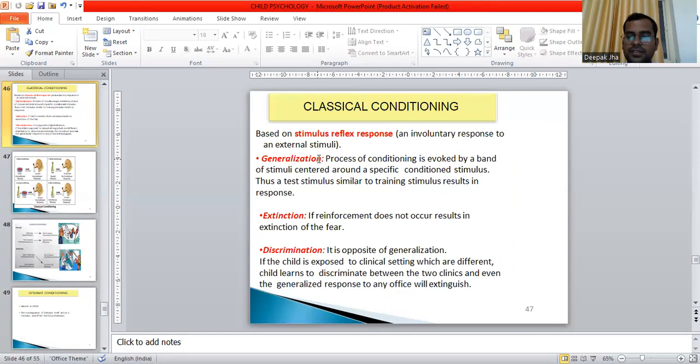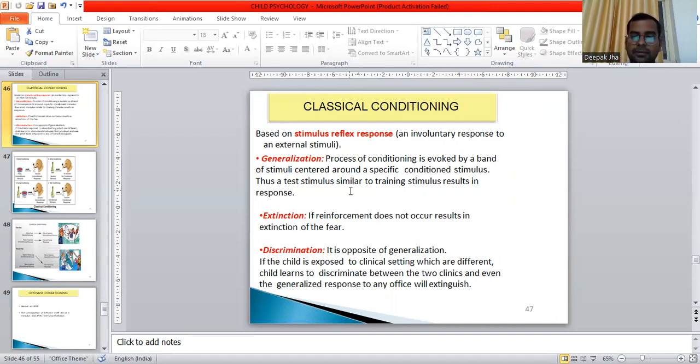The child generalizes the sight and the touch of the injection. So now an injection anywhere in the body or in any clinic around the world is painful. This is generalization. Second comes the concept of extinction. Extinction states that if this stimulus is not reinforced again and again, it might lead to extinction of the fear.